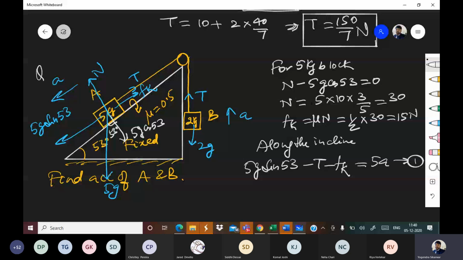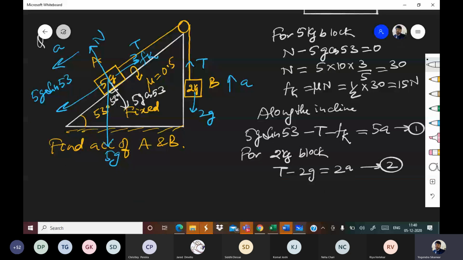Now for 2 kg block, T minus 2G is equal to 2A. Pay attention.